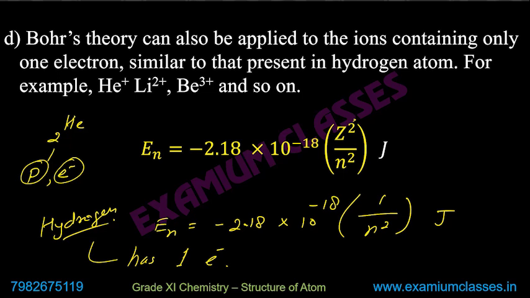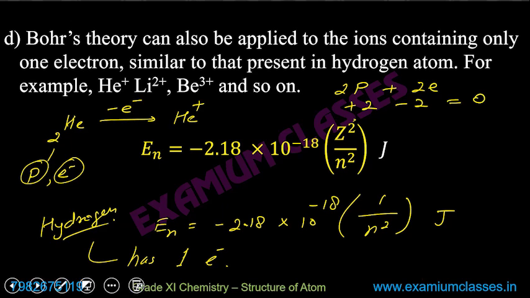So it is not hydrogen-like species because it has 2 electrons at the moment. To make it hydrogen-like species, we need to remove 1 electron. If we remove 1 electron from this one, it will become He plus. It will gain 1 positive charge. Why? Because earlier there were 2 protons and 2 electrons, means plus 2 minus 2, total charge was 0.